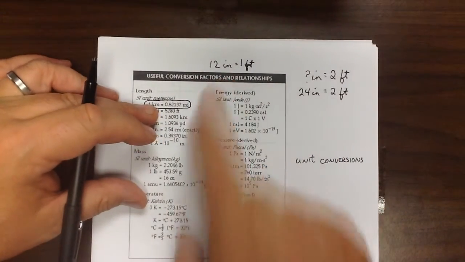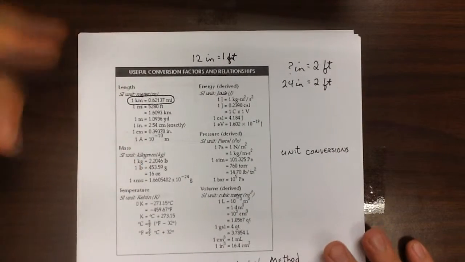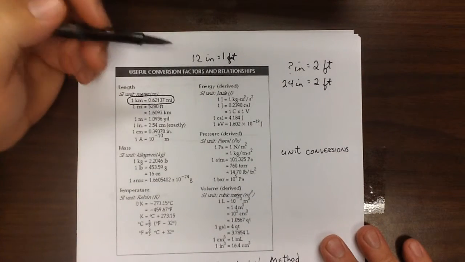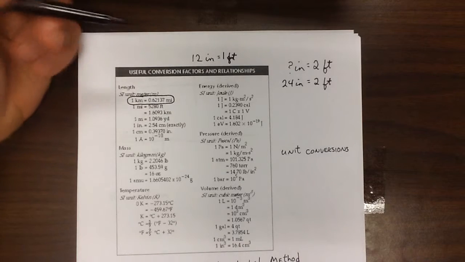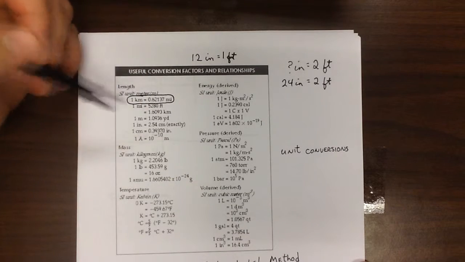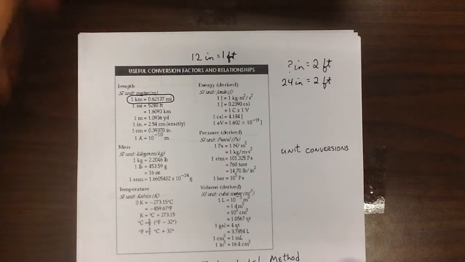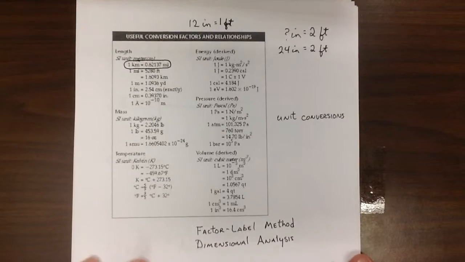The problem is that we very quickly run into problems where we can't do it in our head, and we need to have a systematic method for converting from one number of a unit to another number of a different unit. And that's what we call the factor label method or dimensional analysis.